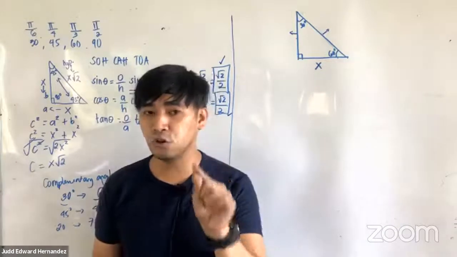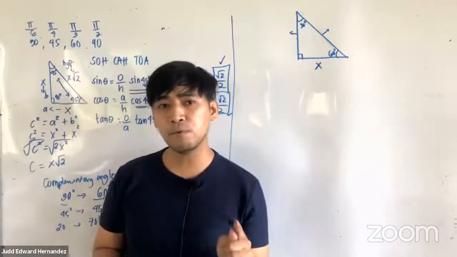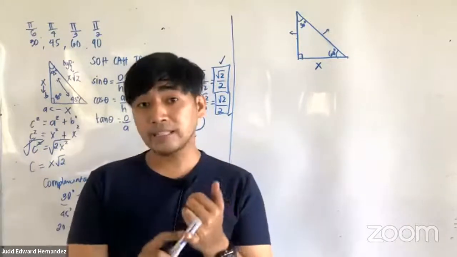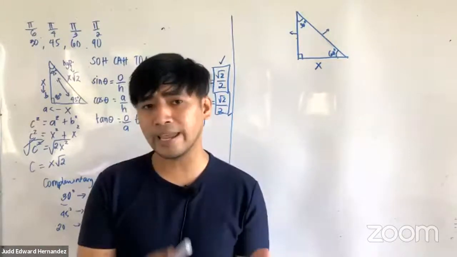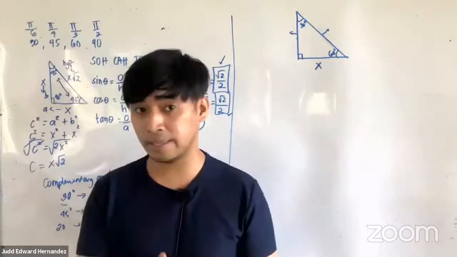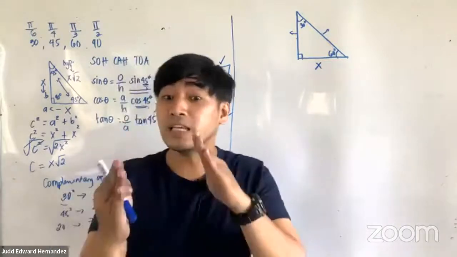Tatandaan nyo, in geometry, kapag may problem solving po sa geometry at hindi mo ma-solve yung sides at hindi mo ma-solve yung angle na nandun sa triangle or any shape na meron ka, mag-draw ka pa ulit ng isang shape na kamukhang kamukha niya. Okay, but then pwede nating i-mirror.